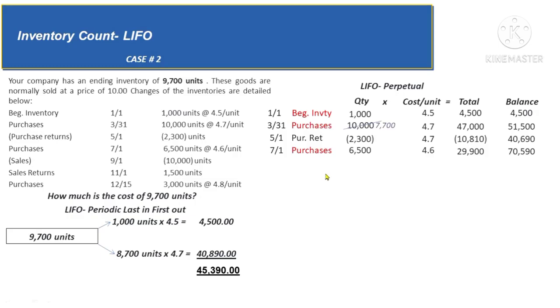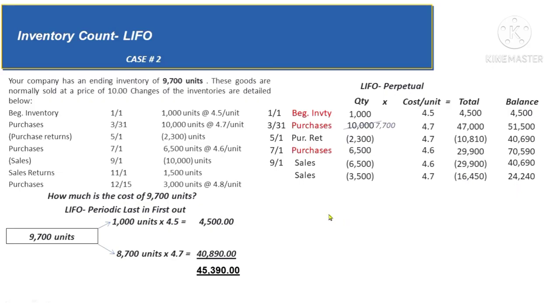So out of the 10,000 sold goods, 6,500 come from here at 4.6 and the other 3,500 come from here, the purchases at 4.7. Again, the total of this sale, since this decreases the inventories, should be deducted from the running balance and the balance should now be 24,240.